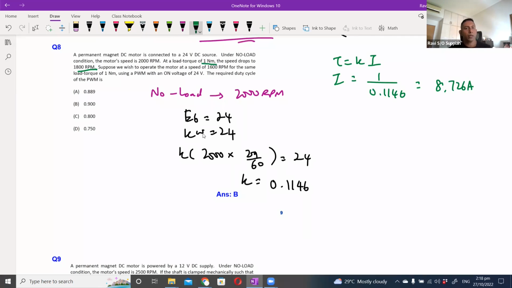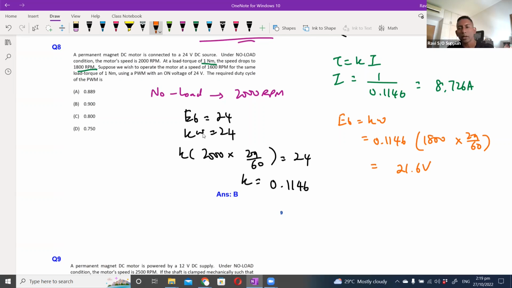At 1 Newton meter torque, you can also calculate the back EMF voltage. The back EMF voltage will be equal to K omega, which is 0.1146 multiplied by omega, in this case 1800. That gives 21.6 volt.